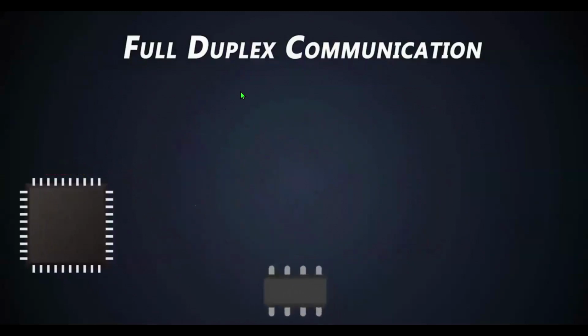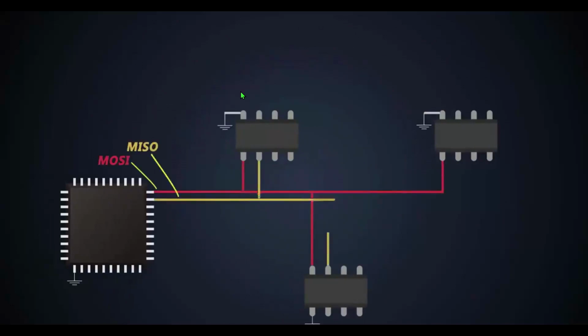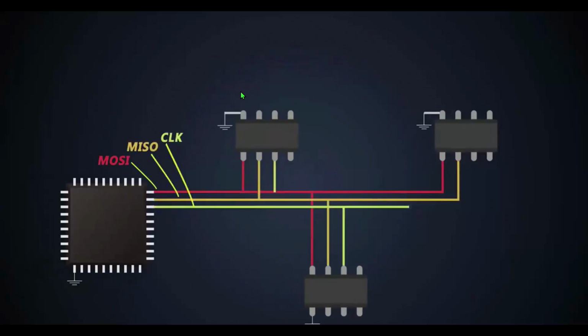A master can be connected to multiple slaves, and there are four dedicated connection lines which are necessary for SPI communications. At the master side there is the MOSI, that is master out slave in. Then comes the MISO, that is master in slave out, clock signals, and finally there is a chip select line.